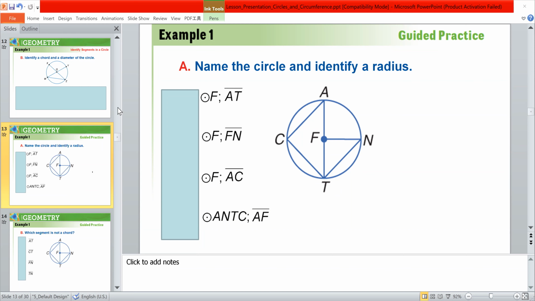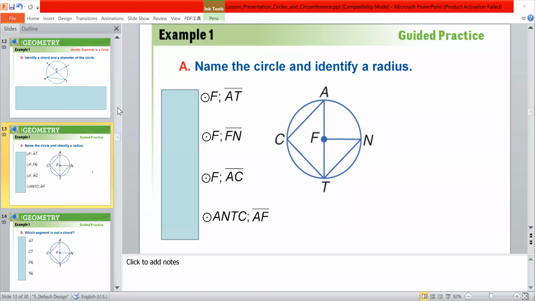This circle is called circle what? We name the circle, Naif, by its center. The center of the circle here is what? F. So it's called circle F.